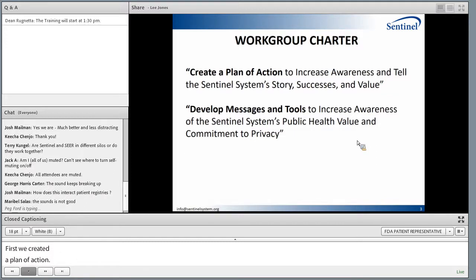Next, we developed customized messages to reach all 4 target constituencies and receive feedback from all of the relative targeted audiences to focus each story to be both meaningful and relevant.